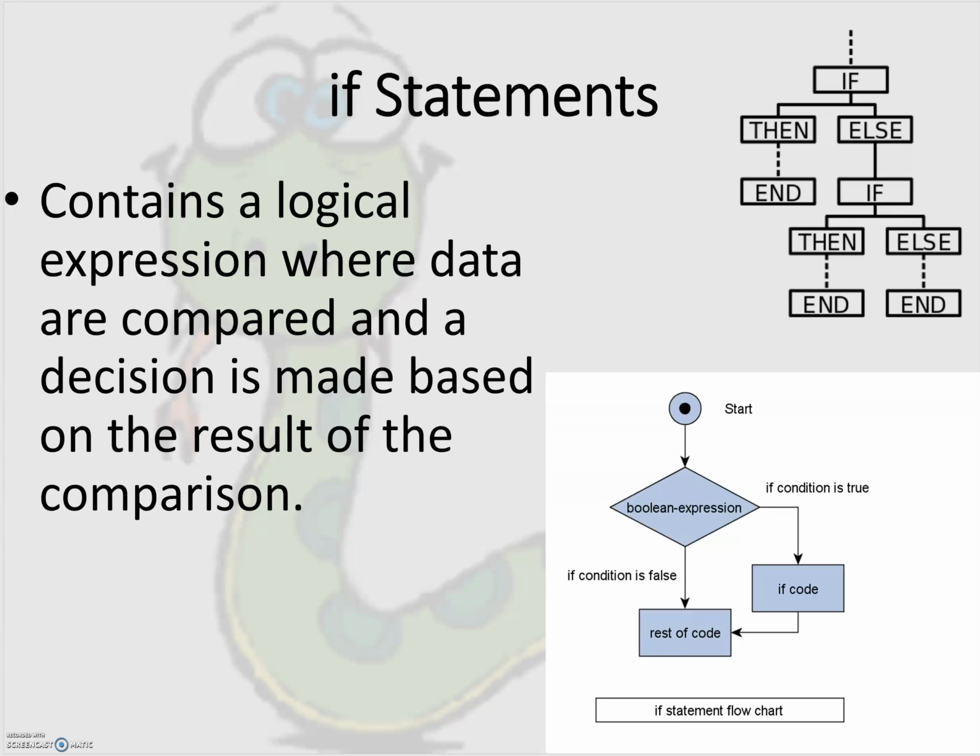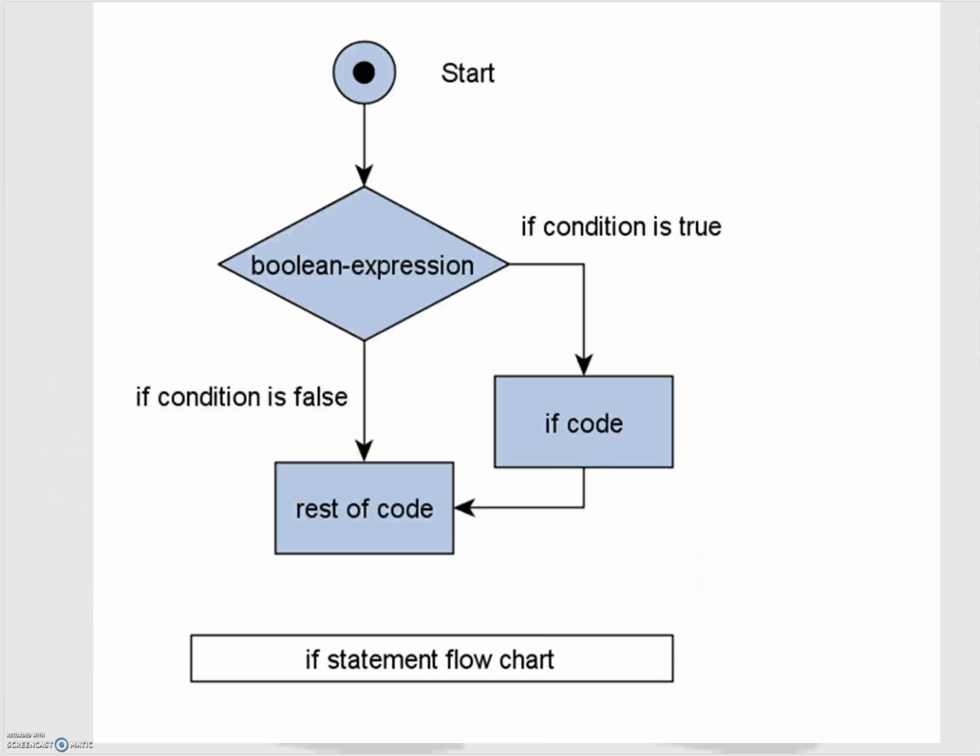In computer science, conditional statements and conditional constructs are features of a programming language which perform different computations or actions depending on whether a programmer-specified Boolean condition evaluates to true or false. So for example, back up to our example: if it is true, then we will go to the if code, and if not, then we will continue with the rest of the code.